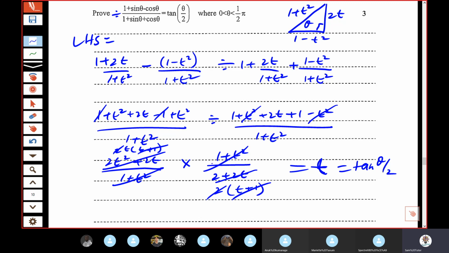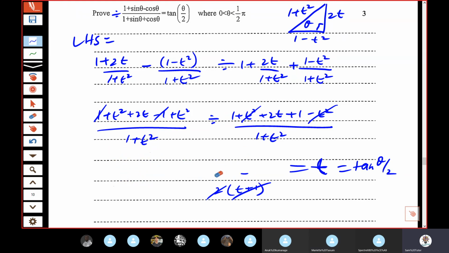So I pretty much smashed this last step. If you want me to do that a little bit slower, let me know. I'll rewrite it again. Yes, please. So we had 2t plus 2t squared on 1 plus t squared times, flip this, 2 plus 2t.